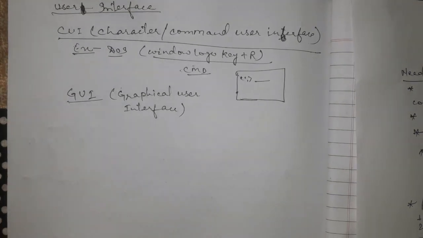The very first difference is that GUI uses many symbols and many pictures, so it is attractive and appealing. But CUI doesn't have any pictures or pointing device, so it is less appealing to the user.